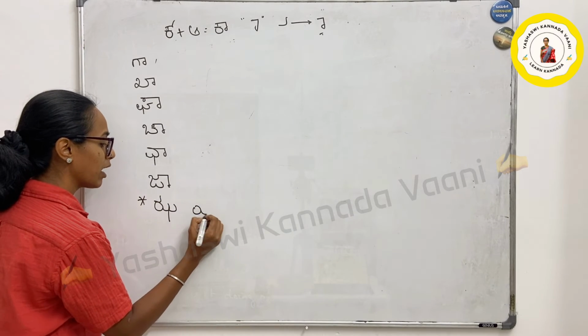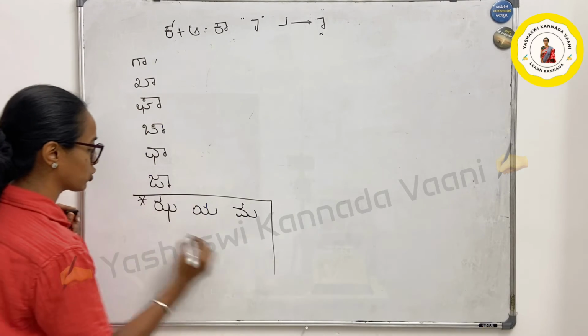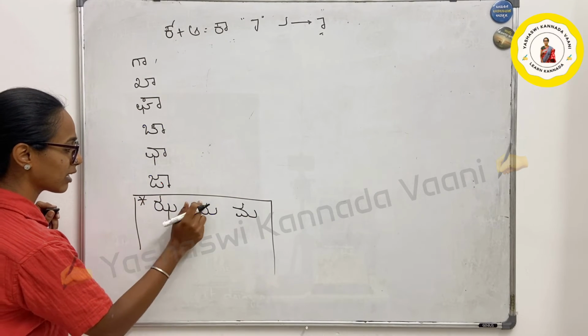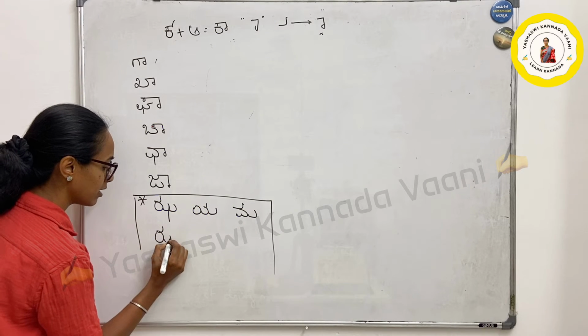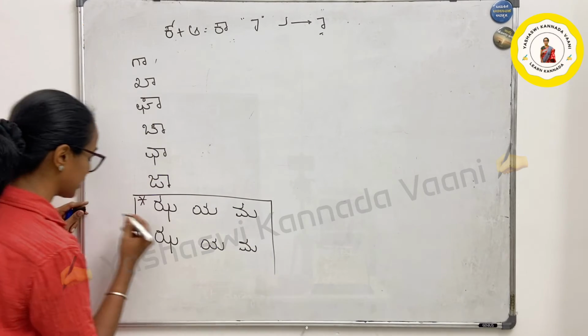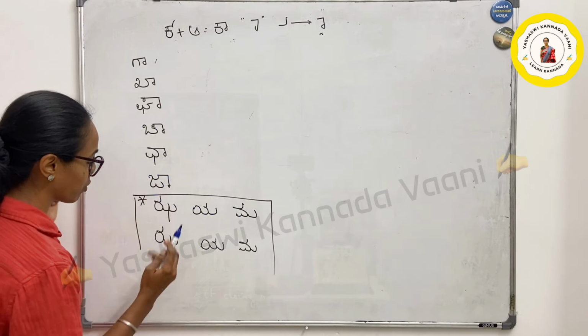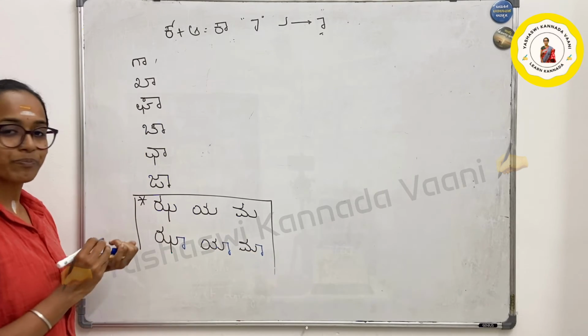Ja, ya, ma are special letters. These three are special letters. So I don't take it from the tail, instead I take it from this end. Remember, take a color pencil, then it will be easy for you to remember. It will go with the end.